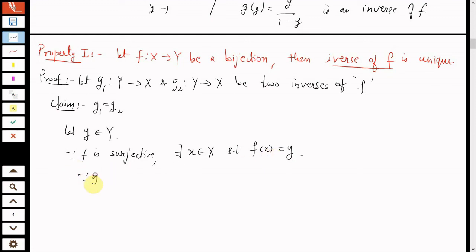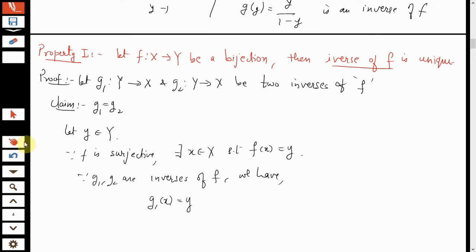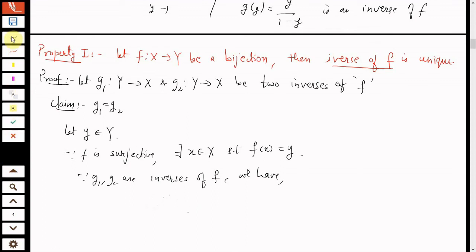So now since g1 and g2 are inverses of f, we have g1 of y is equal to x, as well as g2 of y is equal to x, strictly from the definition of the inverse of a function.